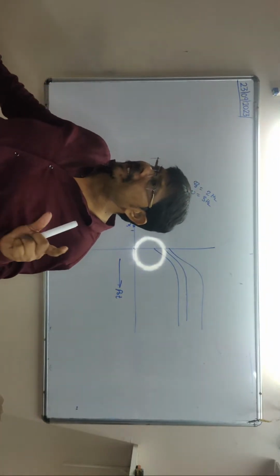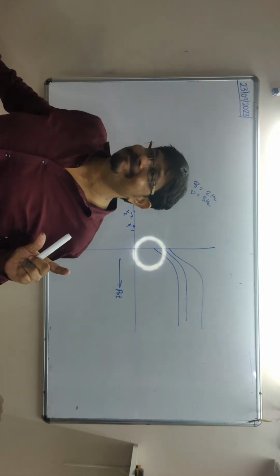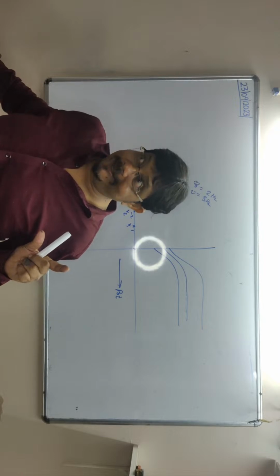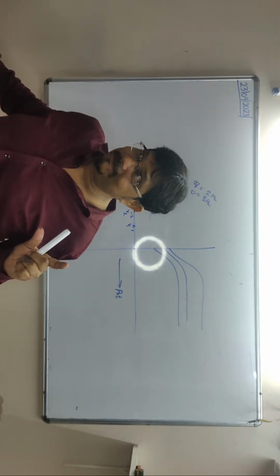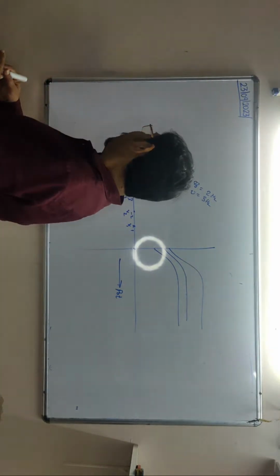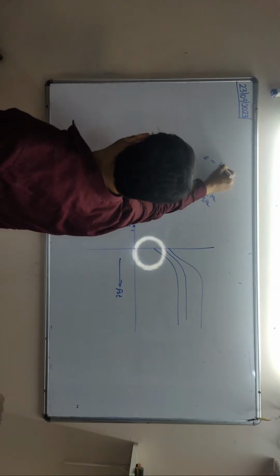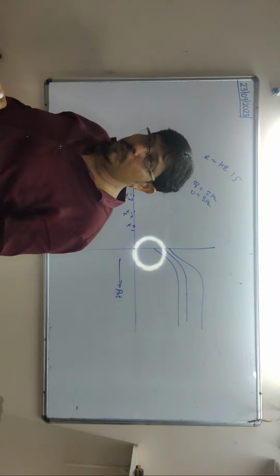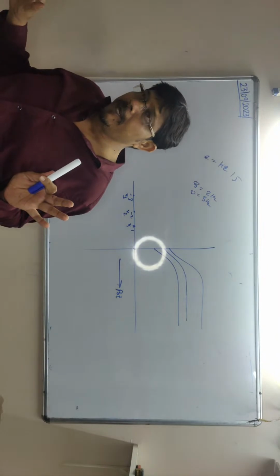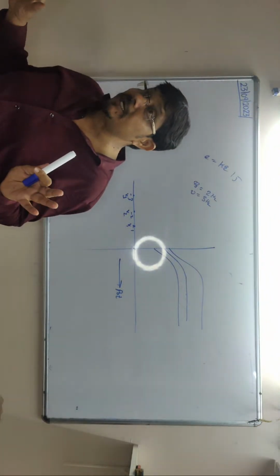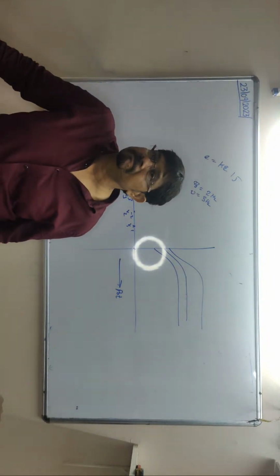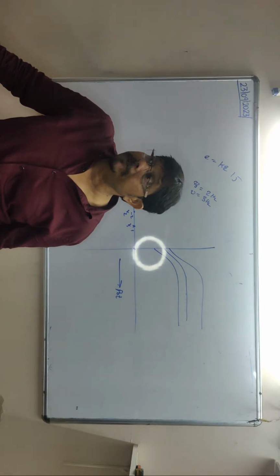Now, I kept the frequency constant, but it should be greater than the threshold frequency. And due to one extra frequency, electrons will have a kinetic energy of 1 joule. Due to this 1 joule, it is reaching the plate. Due to the frequency of light, electrons are capable of moving up to the plate. Got it?